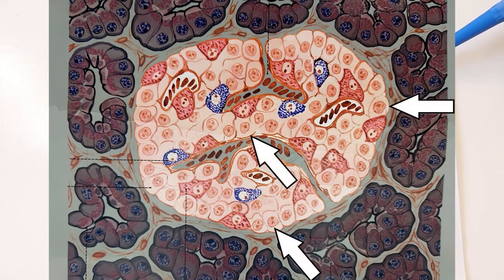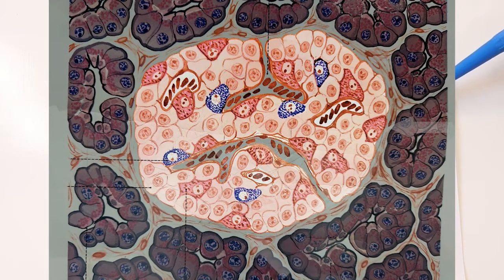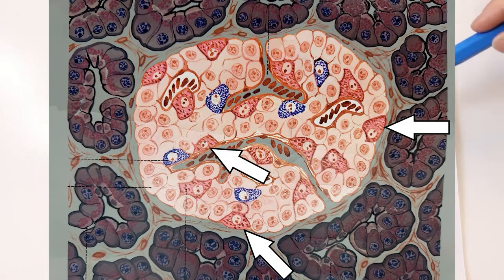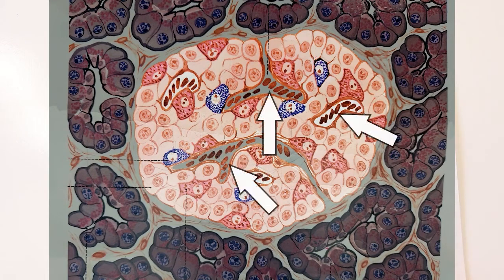The beta cells are light pink staining in this particular stain, and they tend to be more towards the edge of the pancreatic islet, and they, of course, produce insulin. And then we have the delta cells scattered throughout the pancreatic islet, and they produce somatostatin. And these would just be blood vessels associated with the islet so that the hormones have their way of getting into the bloodstream.